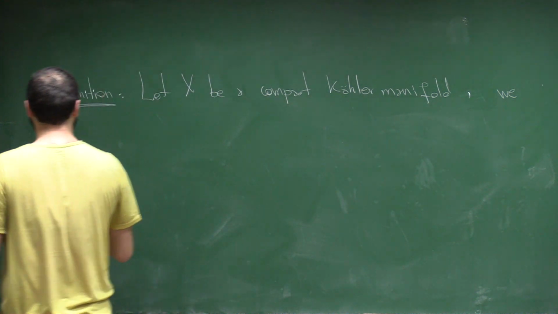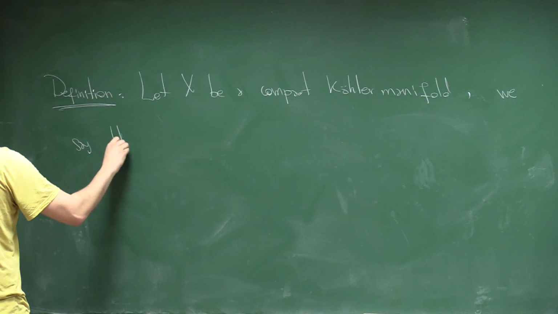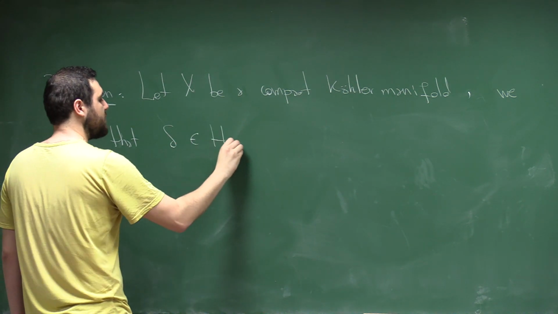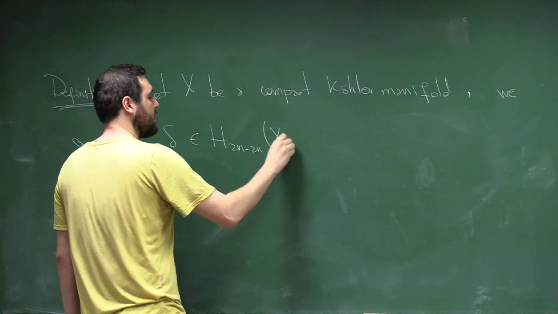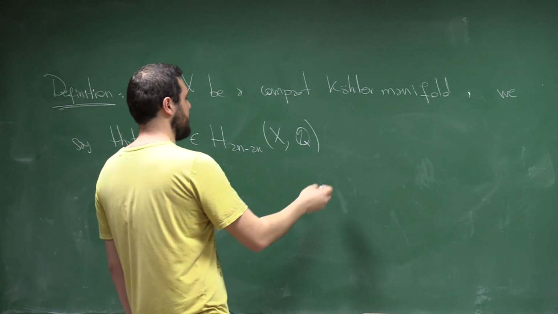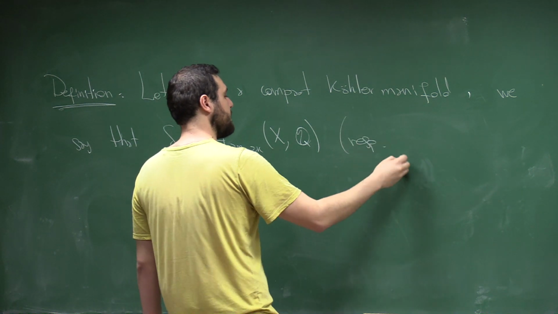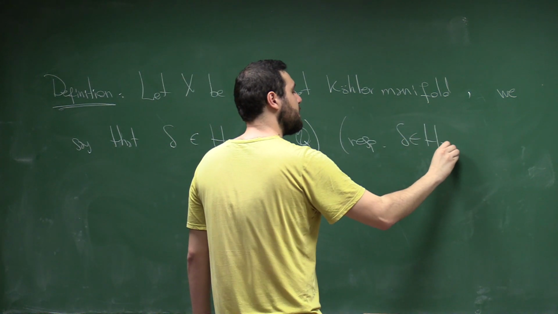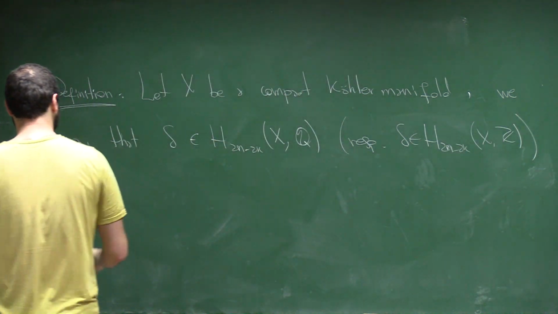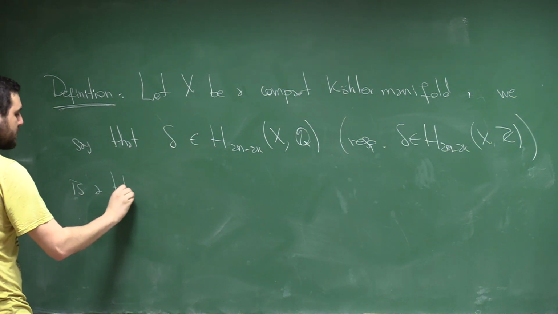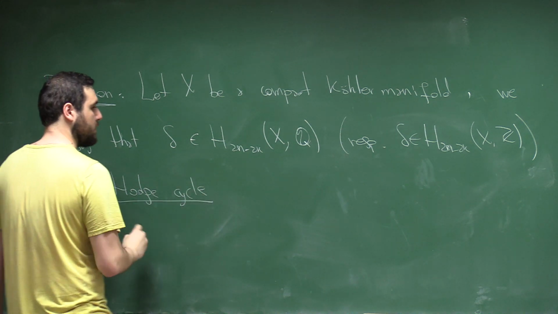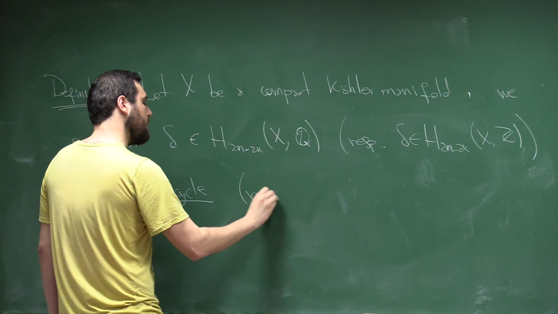We say that delta in H_{2n-2k} of X with Q coefficients, respectively delta in H_{2n-2k} of X with Z coefficients, is a Hodge cycle, respectively an integral Hodge cycle.